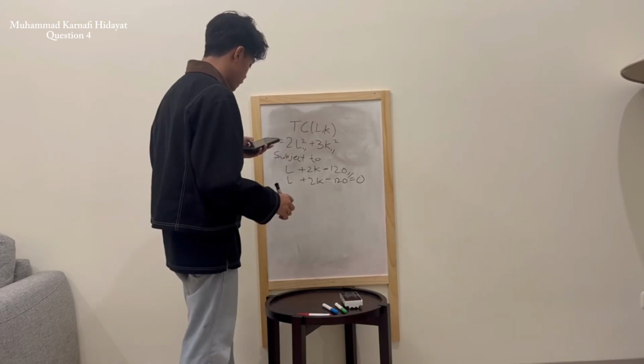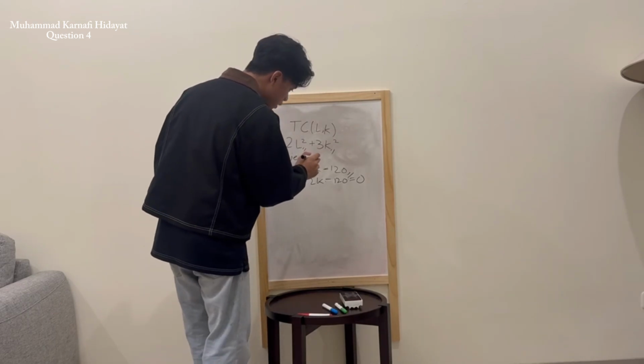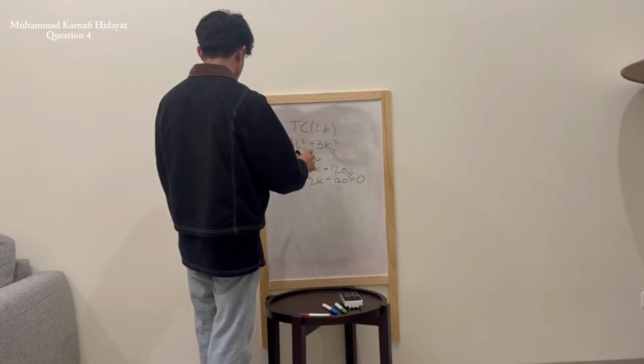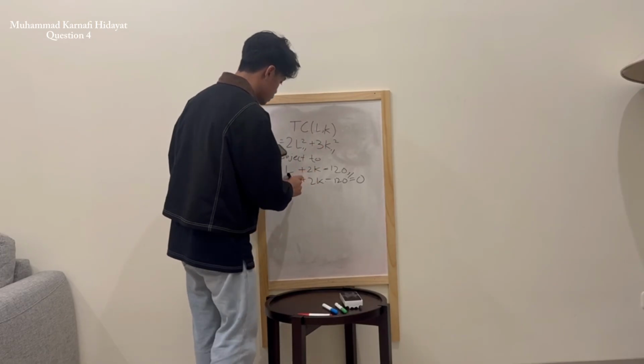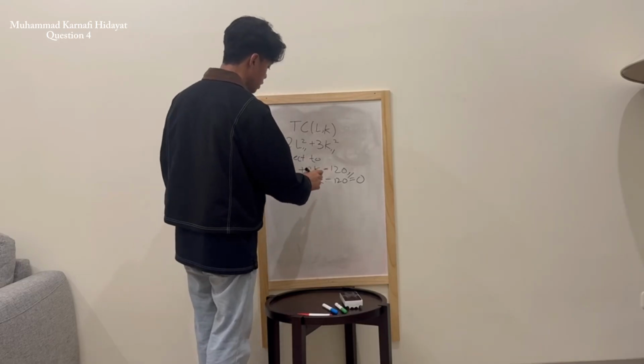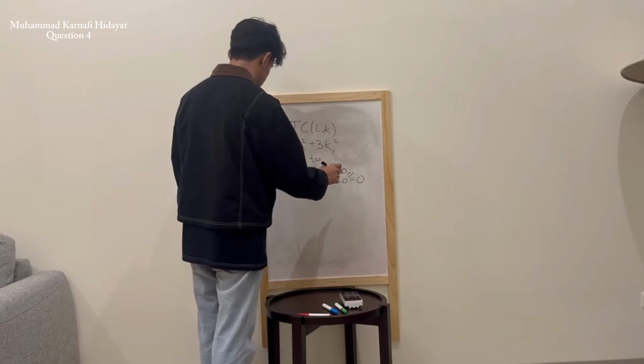So I have written the constraint equal to 0, which is 2K minus L plus 2K minus 120 equal to 0.